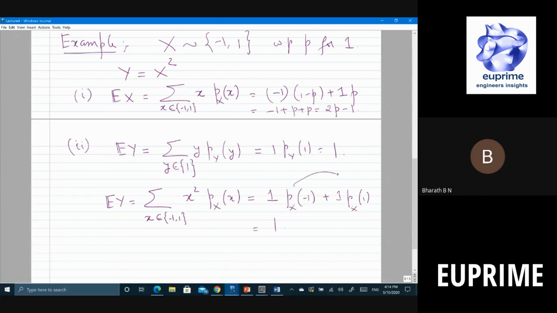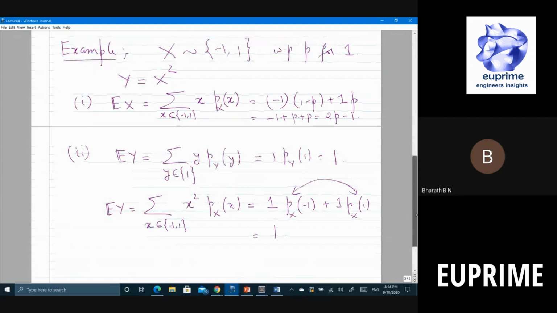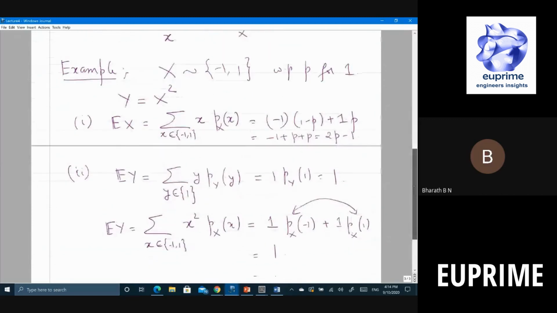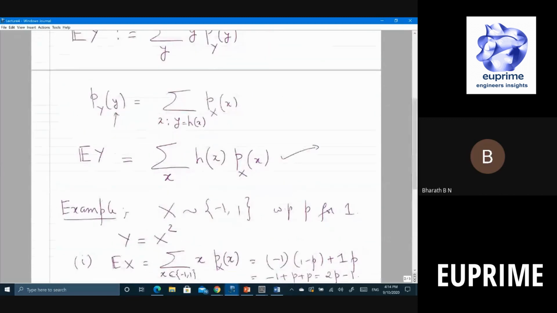So you're essentially counting the probability that x appears such that y is h of x. Is this clear, by the way? You just look at what all x will relate to that particular y, look at the frequency of that, and multiply by the amplitude, h of x. That's all.